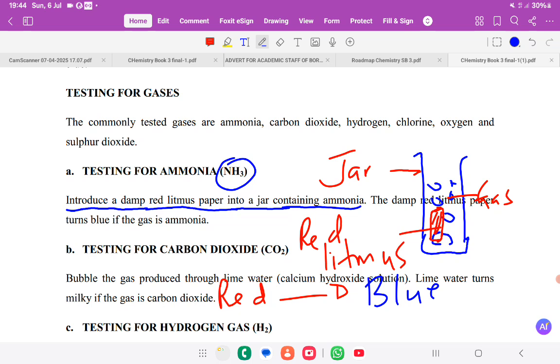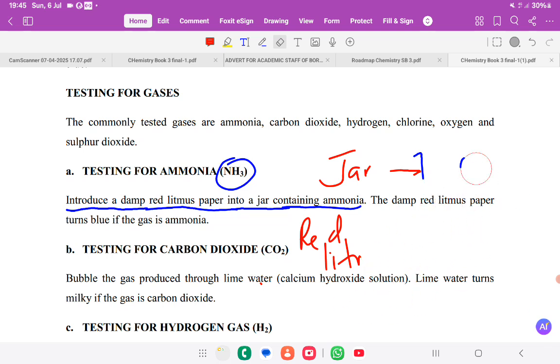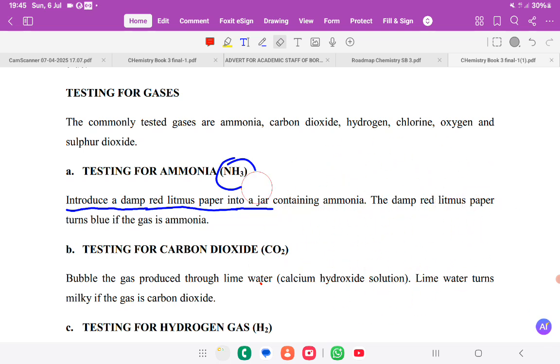So if the red litmus paper turns blue, then it means that the jar contains ammonia. Ammonia turns red litmus paper to blue color. You'll ask why it does that.